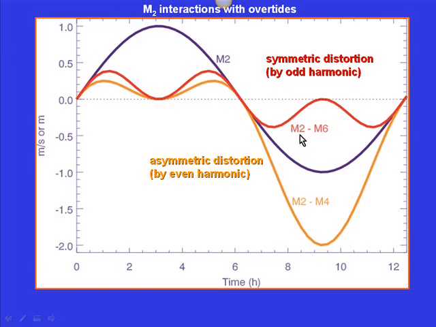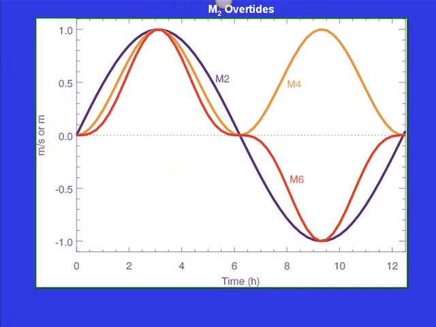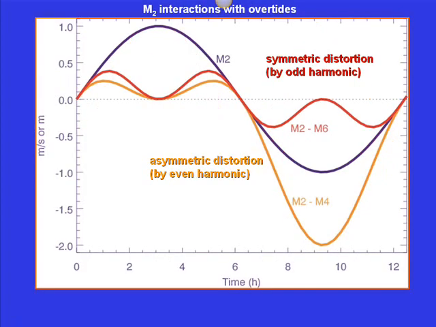In contrast, the interaction of the M2 minus the M6 produces a symmetric distortion because it's symmetric around 0: 2 peaks on the positive side, 2 peaks on the negative side. It's caused by an odd harmonic. So again, the M4 is an even harmonic, and the red line, the M6, is an odd harmonic because it can be positive or negative.